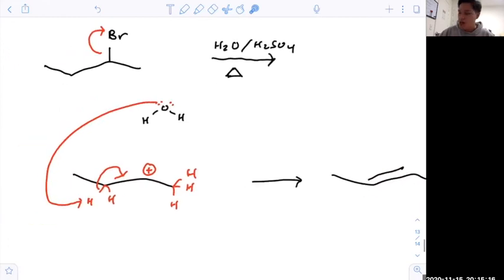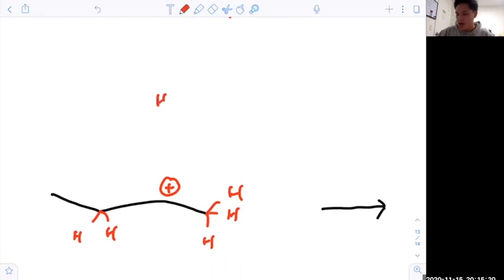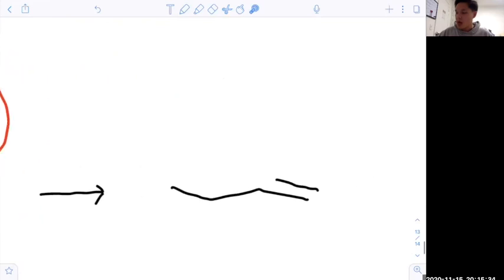But we can also take it from this other side right here, right? If we take it from this side, it'll go here. Now let's number it. This is carbon 1, carbon 2, carbon 3, carbon 4. Now the alkene will be on carbon 3 and carbon 4, which we get this.